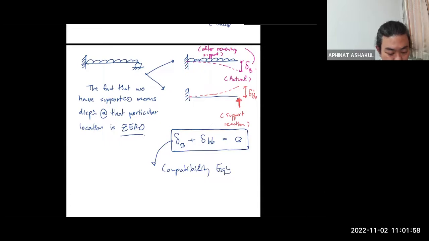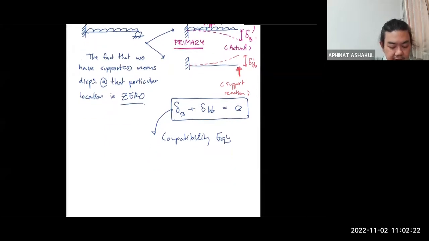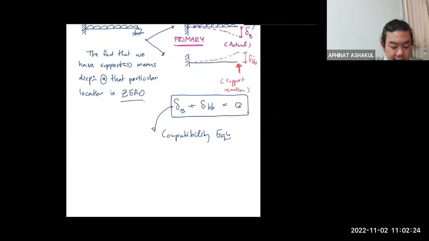The structure from which we remove the reaction is called the primary structure. We will leave the answer as to why we have these subscripts for later.